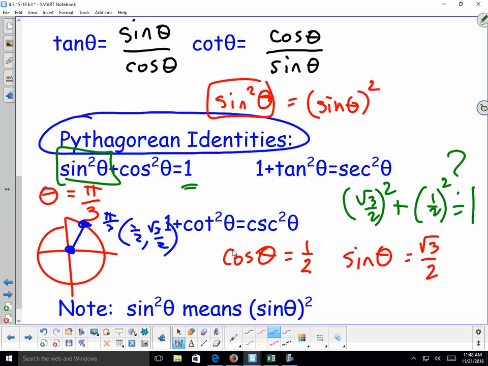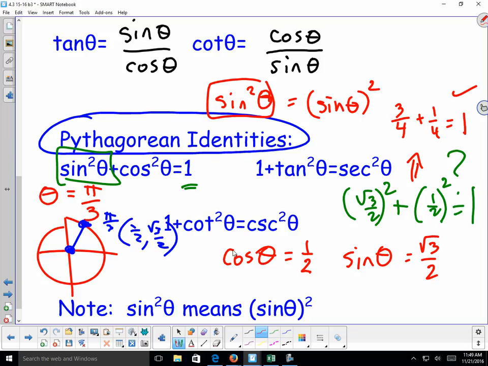Square root of 3 squared is 3, 2 squared is 4, and 1/2 squared is 1/4. Does that equal 1? You betcha. And it's going to work no matter where you are on the unit circle, no matter what angle you're talking about. The sine value squared plus the cosine value squared when added together is going to give you 1.